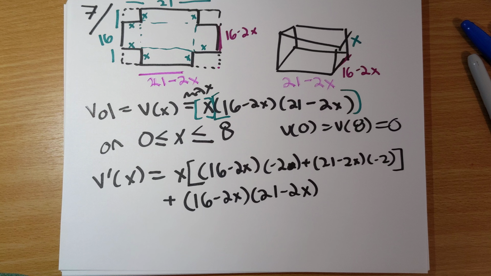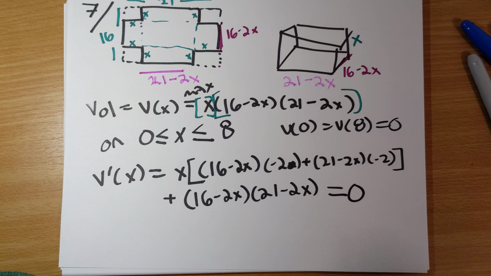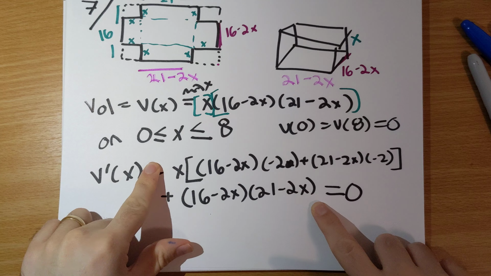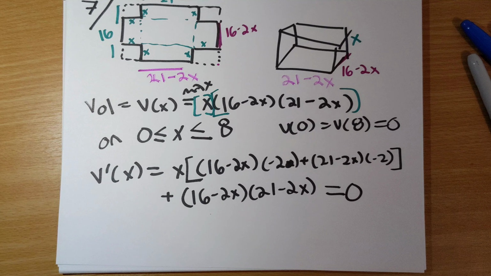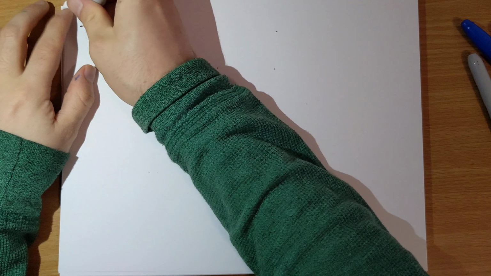Okay, so we want to take this and set this equal to 0 and solve this equation here. I don't really think there's an easier way to do it than this. Just expand out all of this multiplication, do lots of algebra. In the interest of time, I'm going to skip through lots of steps here.